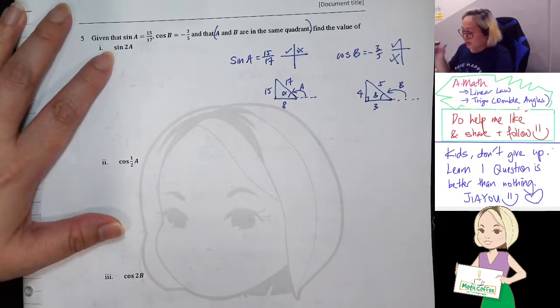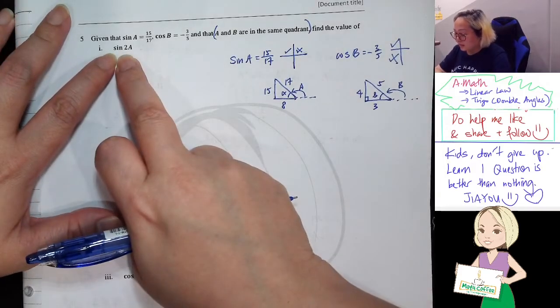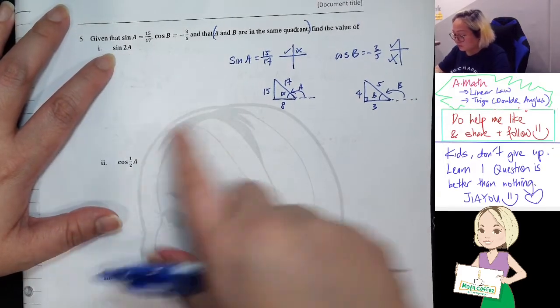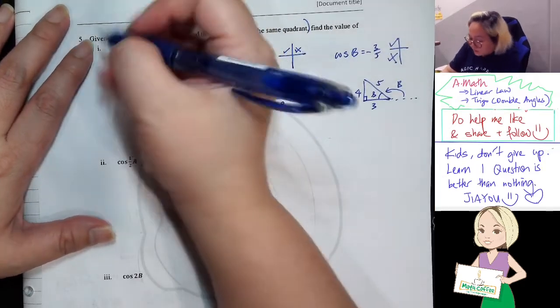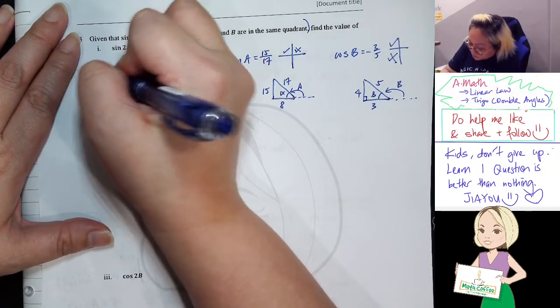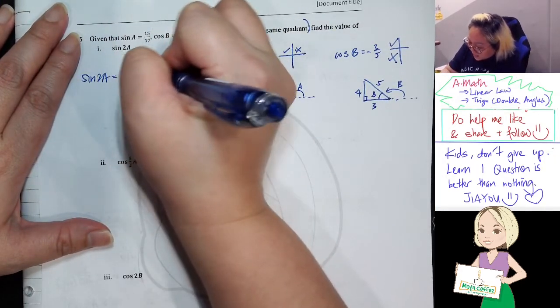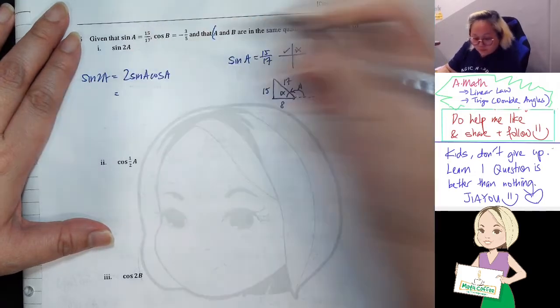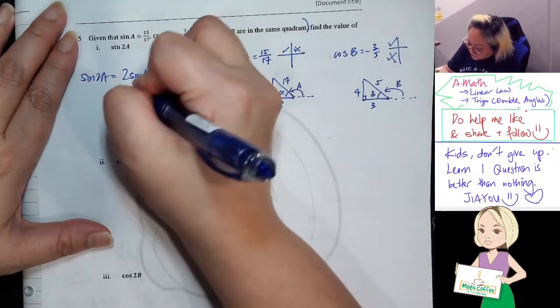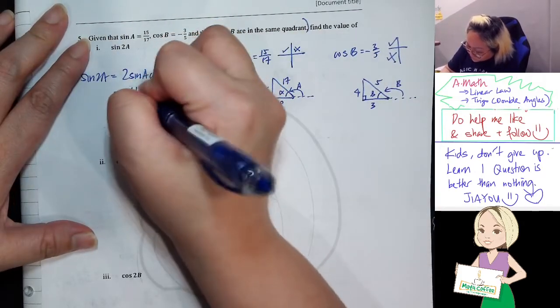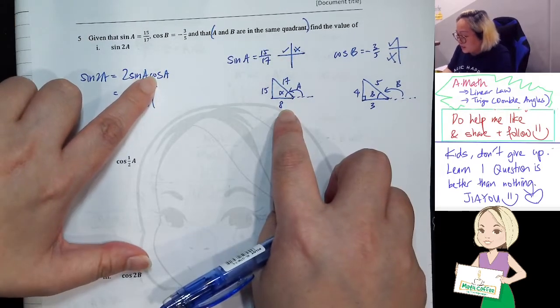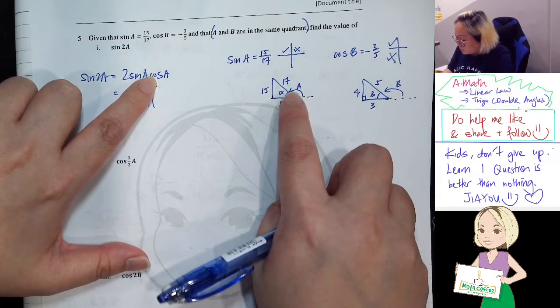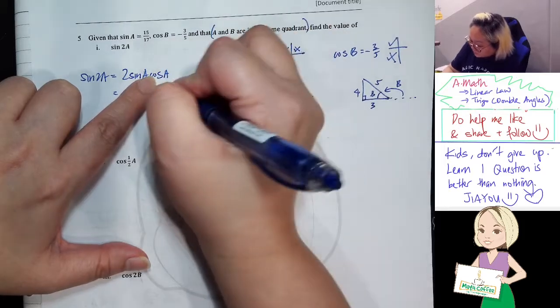So sine 2A, that means I'm going to use the double angle formula. Wait, where is it? So my sine 2A will be 2 sine A cosine A. So sine A is given, which is 15 over 17. What is cosine A? Just look at the triangle. Cosine A means A over H, means it's 8 over 17.